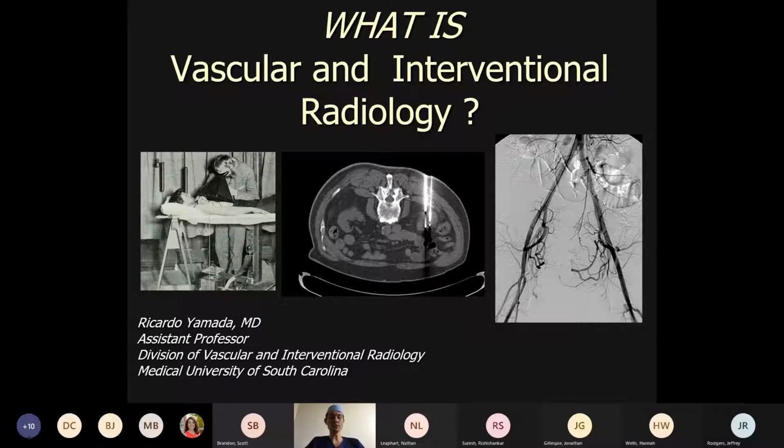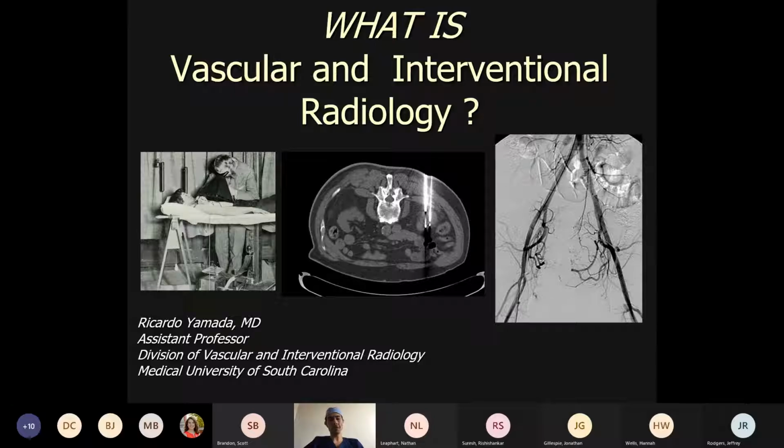So this is a very good time to introduce you guys to what vascular interventional radiology is. You'll be amazed about how many people, even in the hospital here, residents, even some fellows and attendings, don't know exactly what we do and what IR can help their patients with.